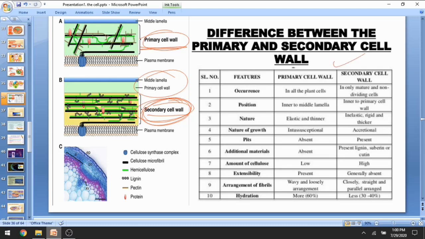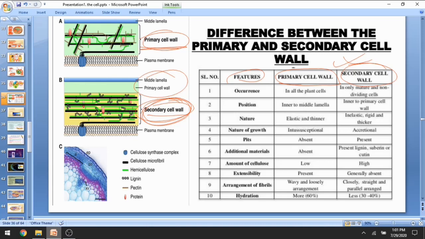Here in this tabular diagram, students, I have put it clearly within a chart, and you can present this chart even in your exams, and it's very easy to understand. I categorized the features in this column while explaining the different cell walls based upon their function.